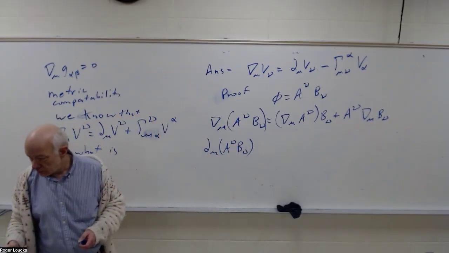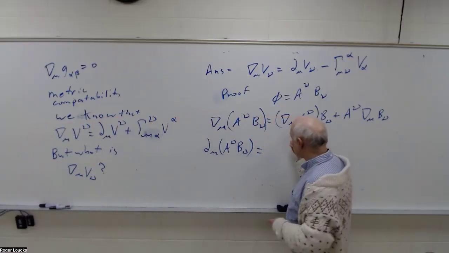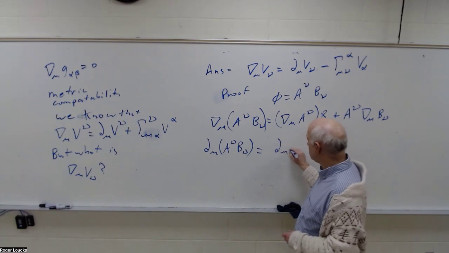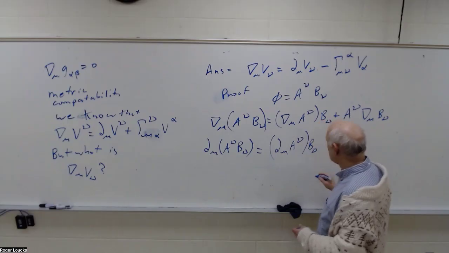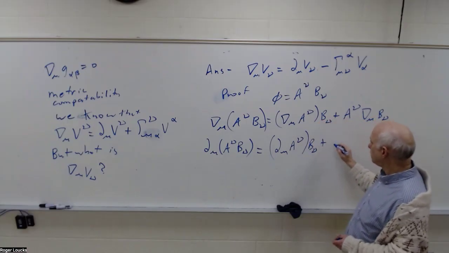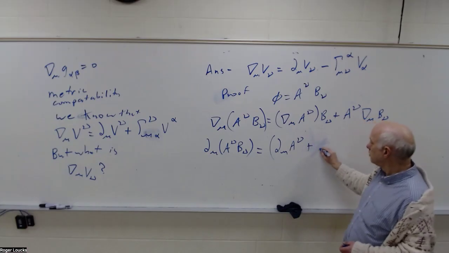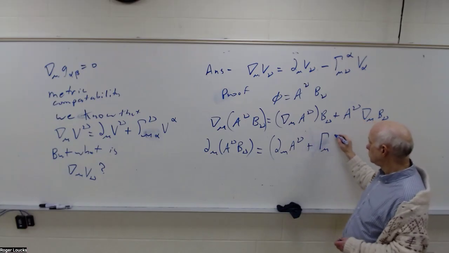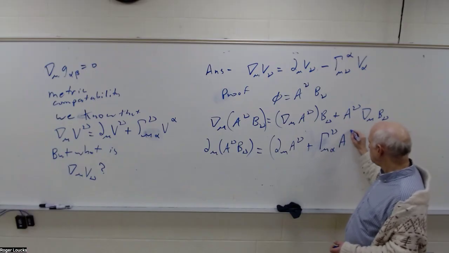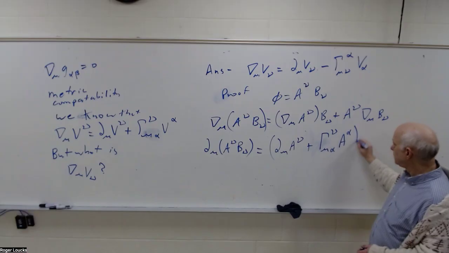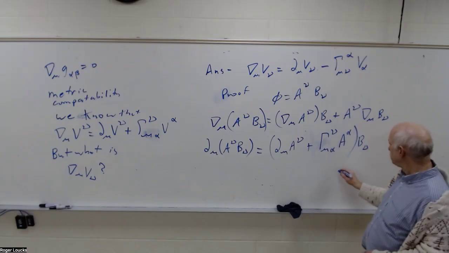Can't be any different from that. Well, over here, this is my partial mu a nu b nu, plus my gamma mu nu alpha a alpha b nu.